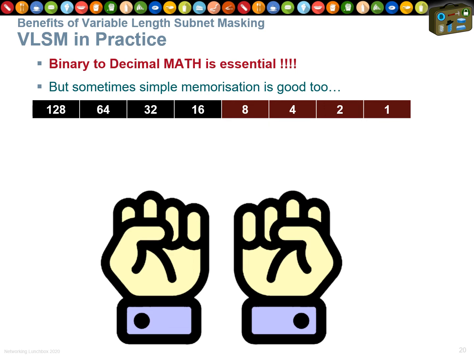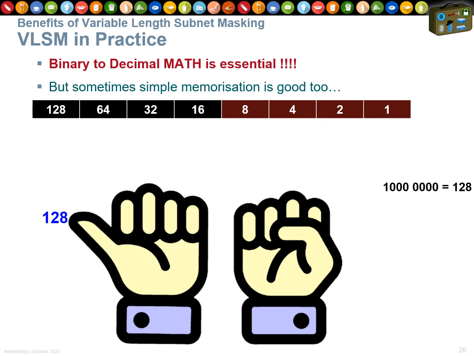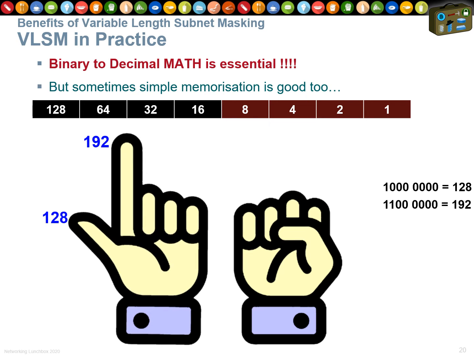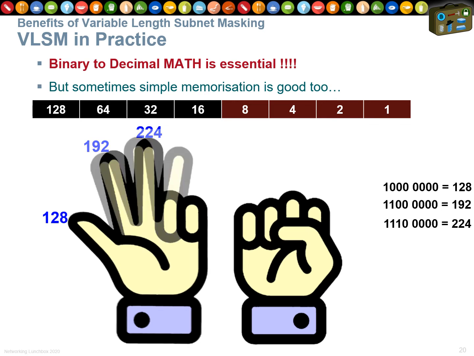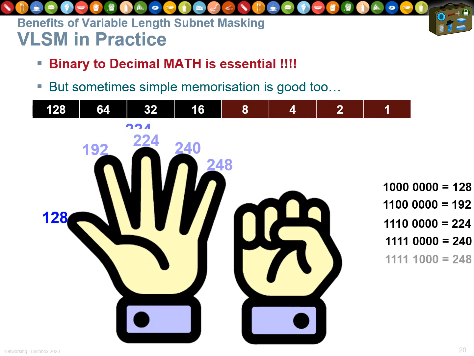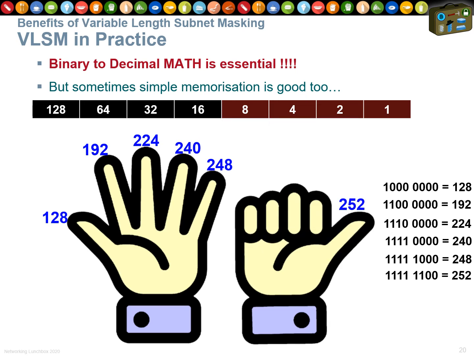Now look at them again, and in order, from thumb through to your other thumb, say 128, 192, 224, 240, 248, 252. I'll say it again. Your thumb is 128. Your pointer is 192. Your middle finger is 224. Your ring finger is 240. Your pinky is 248, and the other thumb is 252.